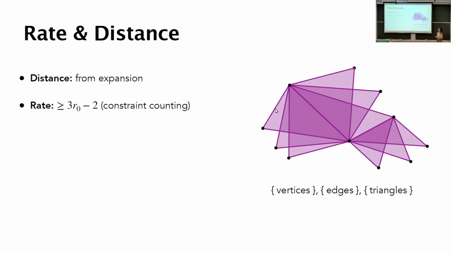For rate, one of the only techniques we have for counting rate is what's called constraint counting. You literally look at the number of triangles in your complex, and then subtract off the number of constraints placed by each edge. If you do it, you'll see that the rate of the local code is 3R_0 minus 2.